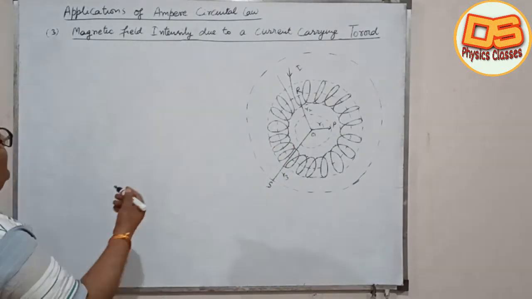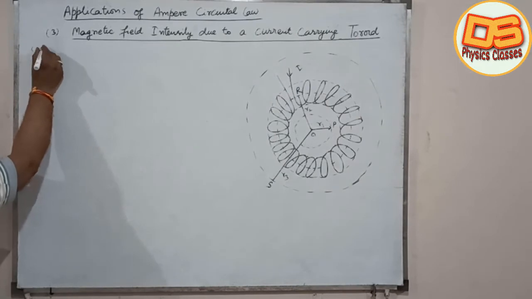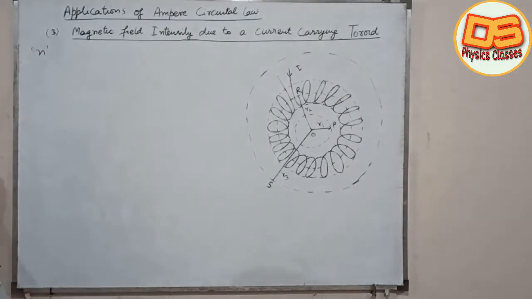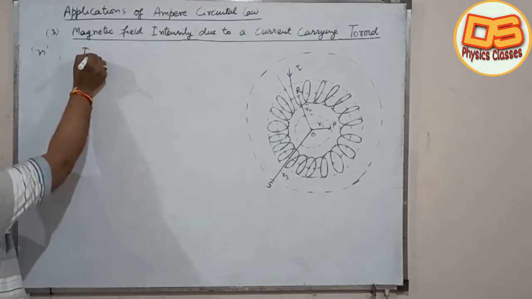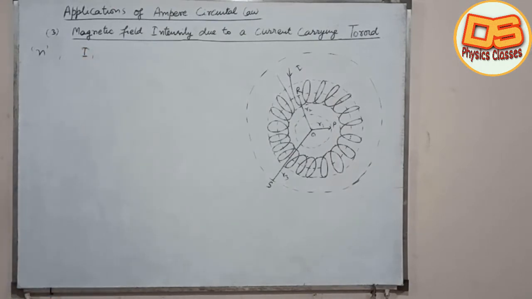First, let n be the number of turns per unit length of the toroid, and I the current passing through the toroid.